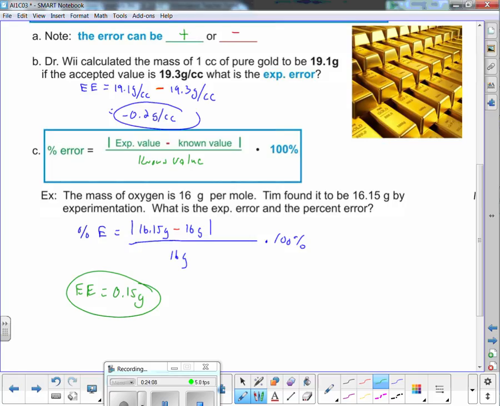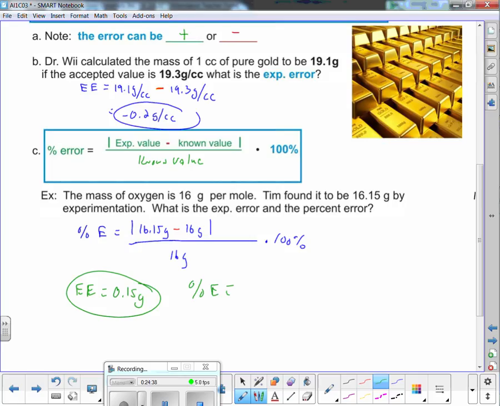Then when you run all the numbers, Andrew, what do we get? No. Nope. Anybody else? So again, just run it: 0.15 divided by 16, and then times 100.